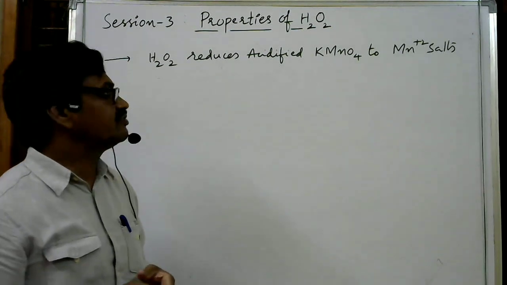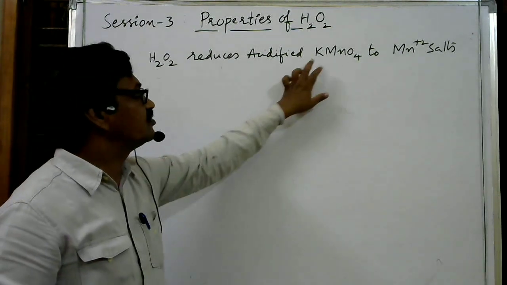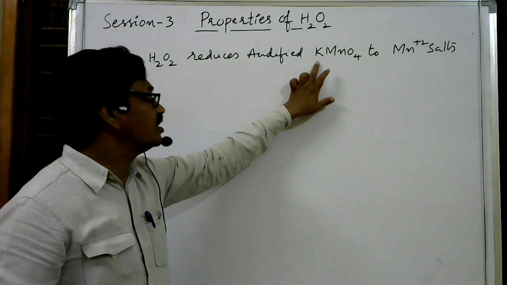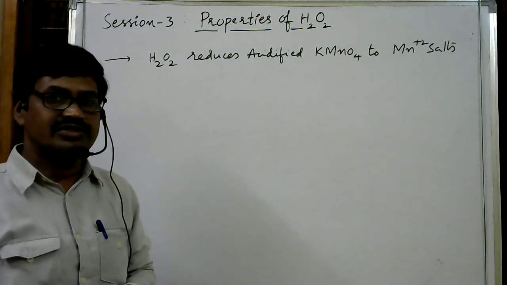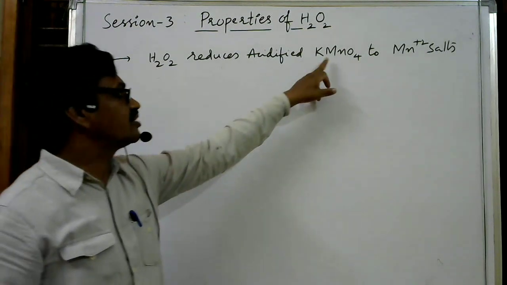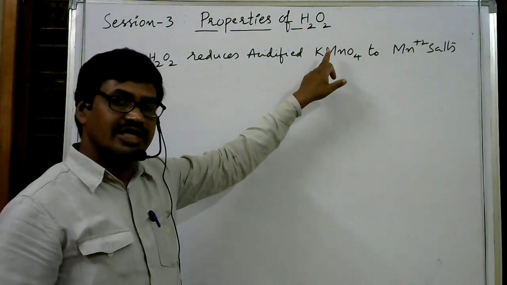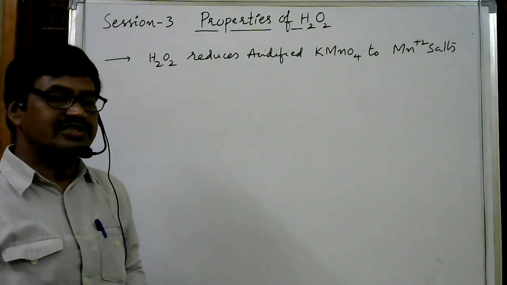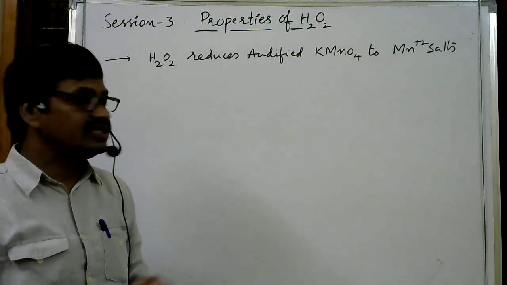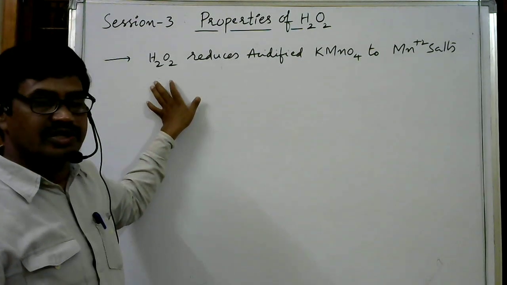In sulfuric acid we have sulfate ions, so those sulfate ions combine with potassium and form potassium sulfate. Those sulfate ions also combine with manganese and form the manganese salt, that is MnSO4. Here Mn plus 7 is present, oxidation number Mn plus 7. Mn plus 7 changes to Mn plus 2, which is nothing but reduction only. It undergoes reduction in the presence of hydrogen peroxide.